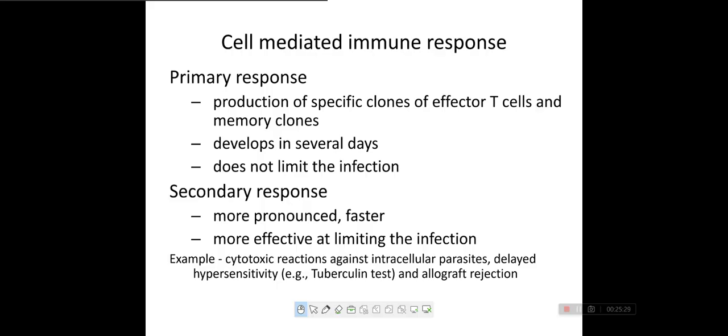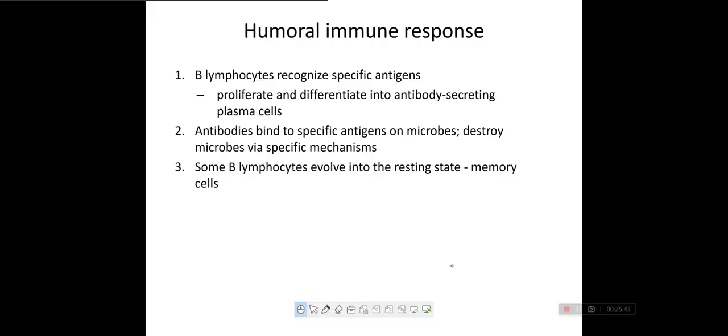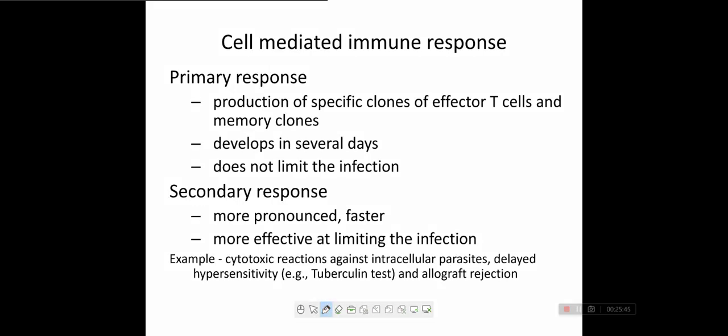So secondary response is more pronounced, faster, more effective at limiting the infection. An example is cytotoxic reaction against intracellular parasites, delayed hypersensitivity, tuberculin test, and allograft rejection.